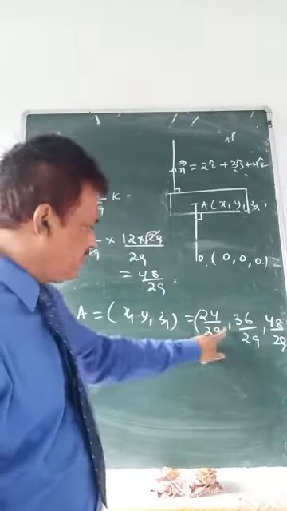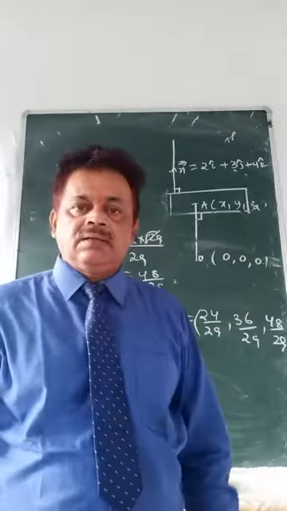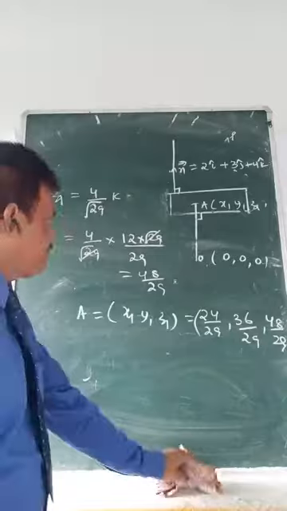You will follow this method if it is a 4 marks question. Suppose it comes as a 1 mark question, then what will you do? You will use a formula. The second method is there.